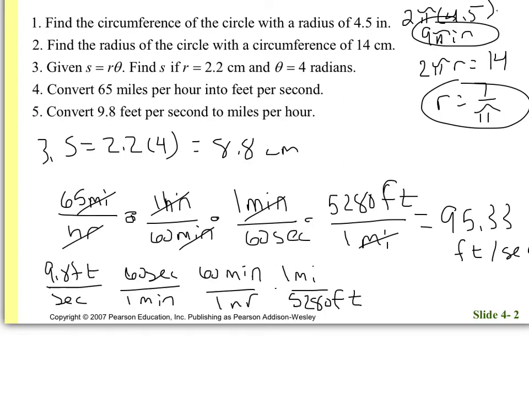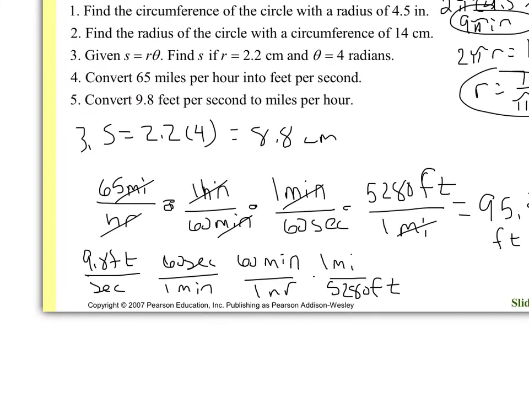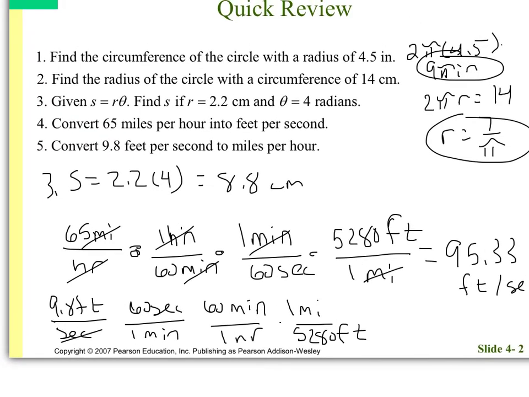So what are we doing here? So the seconds cancel, the minutes cancel, the feet cancel. So now you got to multiply 9.8 times 60 times 60 divided by 5,280.